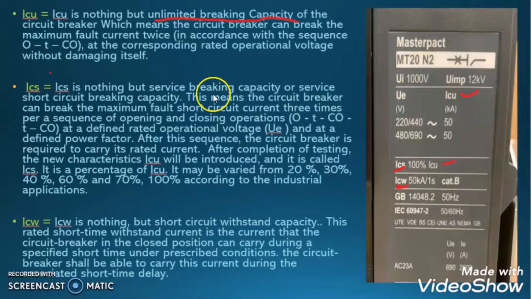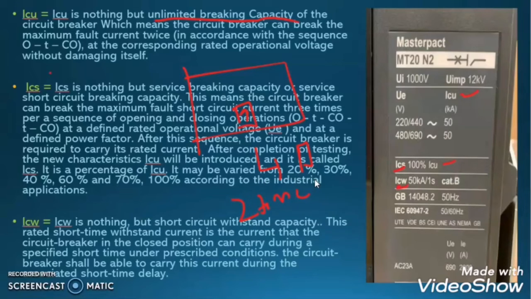What does it mean? Suppose this circuit breaker is first switched on, then off, and again on, and we do this operation 2 times when there is a short circuit fault in the circuit.